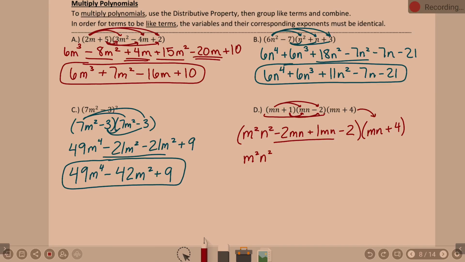Minus 2 plus 1 is minus 1mn. And I still have a minus 2. And it's times mn plus 4. And now we need to multiply again, yes?